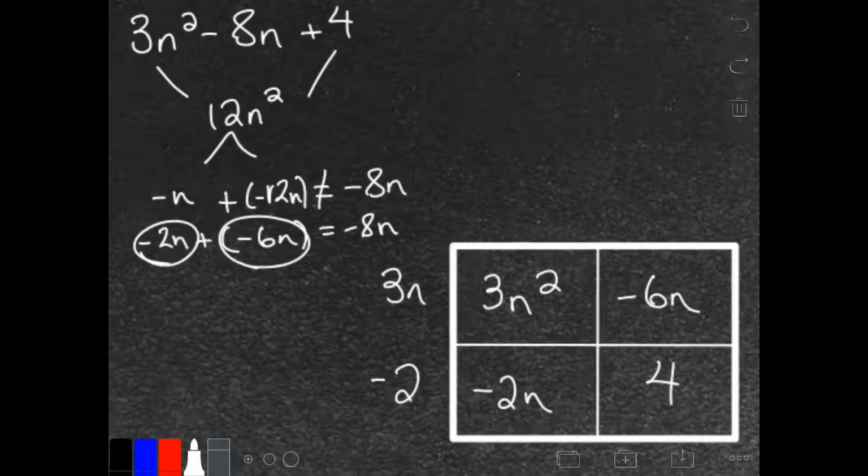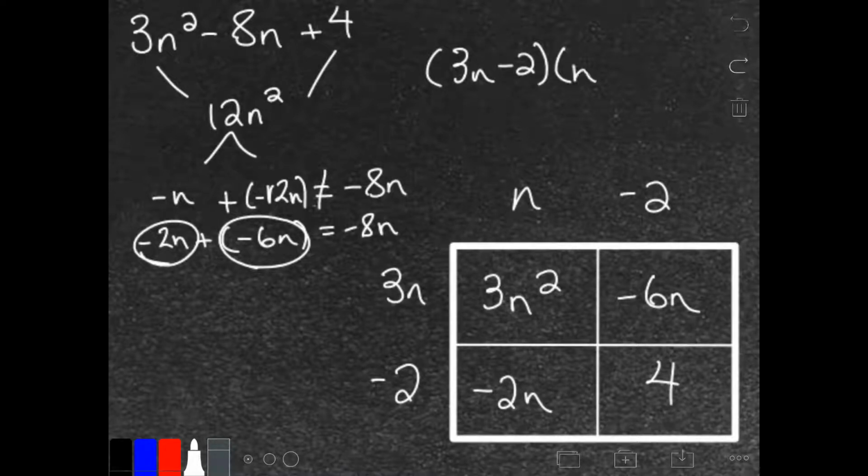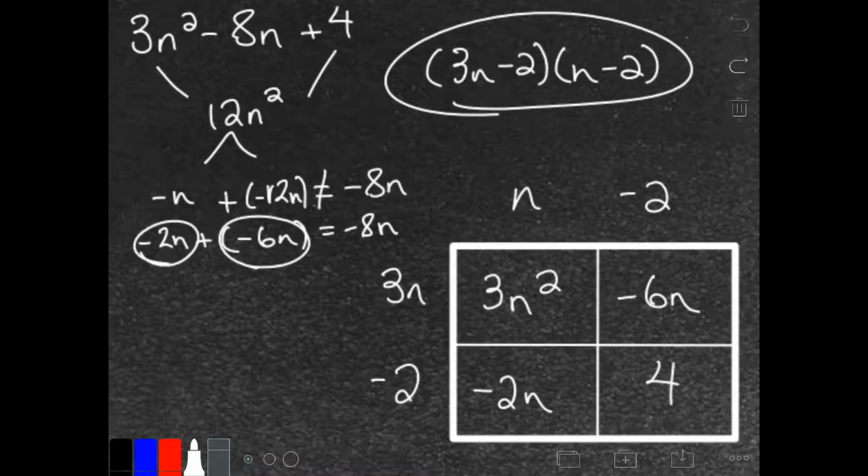I can factor out an n, bordering a positive, leave it positive. And here I can factor out a 2, bordering a negative. So let's make it negative. Go ahead and rewrite my factors as two binomials. 3n minus 2 times n minus 2, and we circle our final answer.